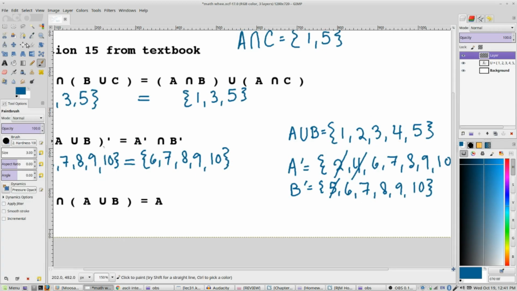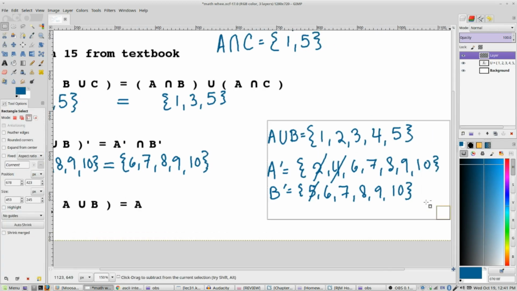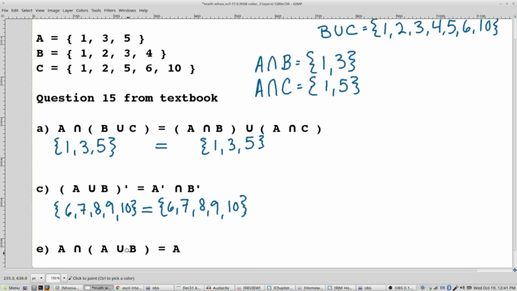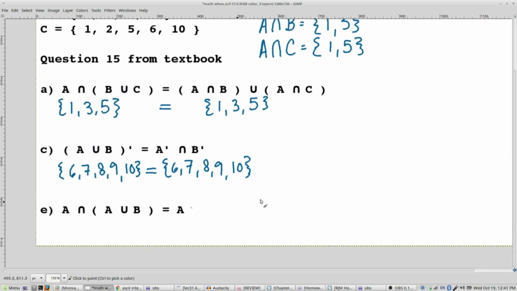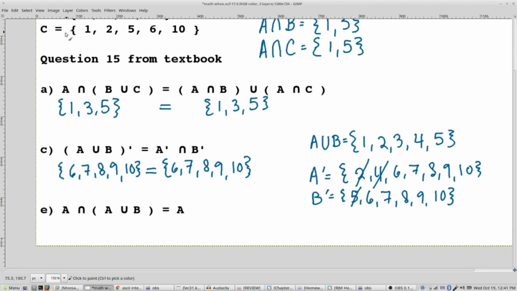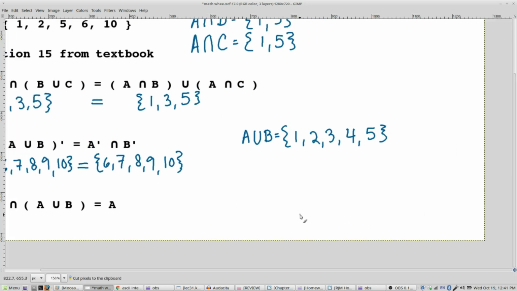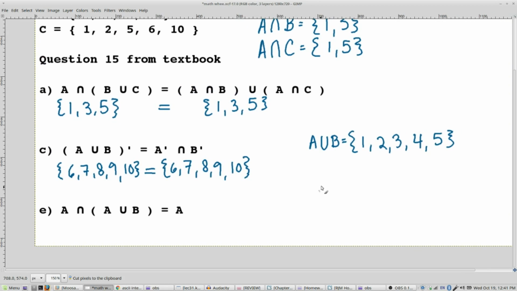Okay, let me erase a little bit of this so we have some more room to work. A intersection the union of A and B. So, do we have that written up there? I probably had that before. We have the union of A and B. We'll keep that. Now, what is the intersection of A and A union B?